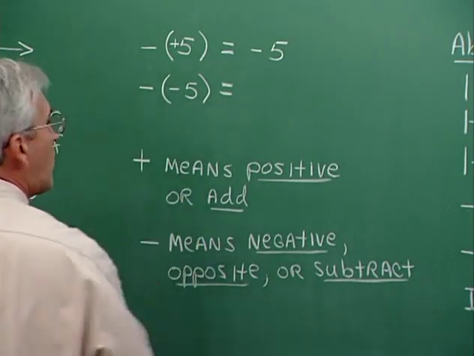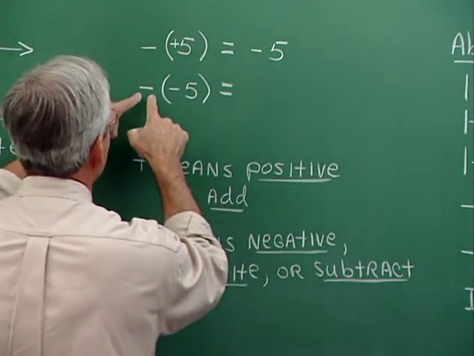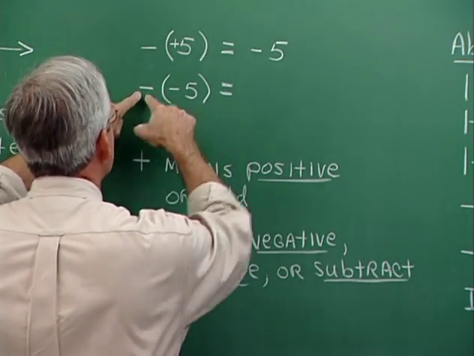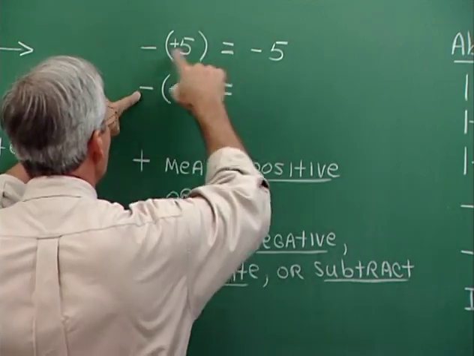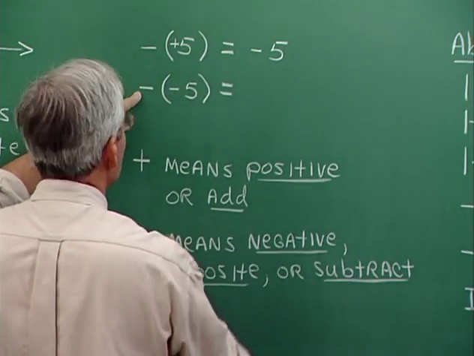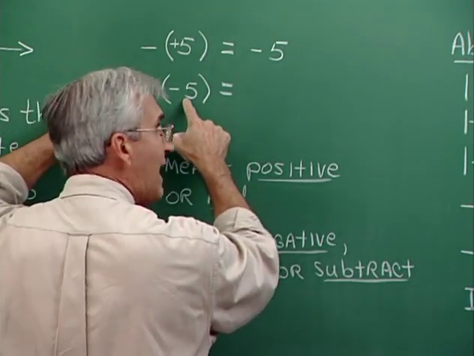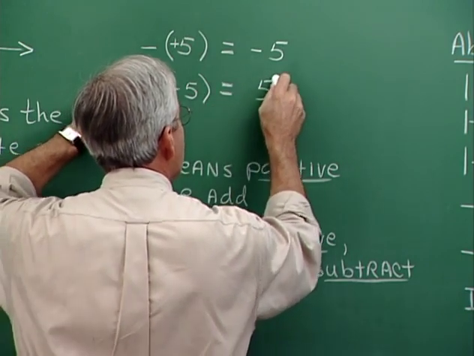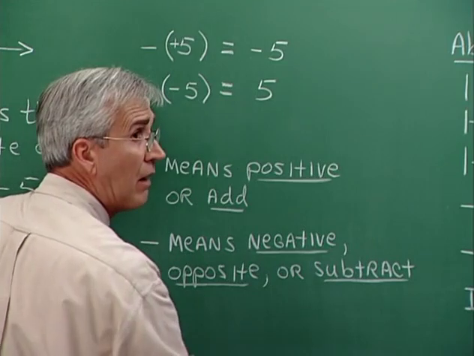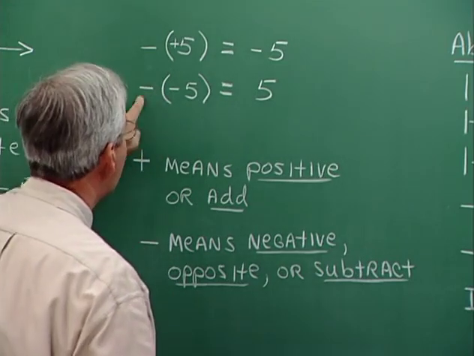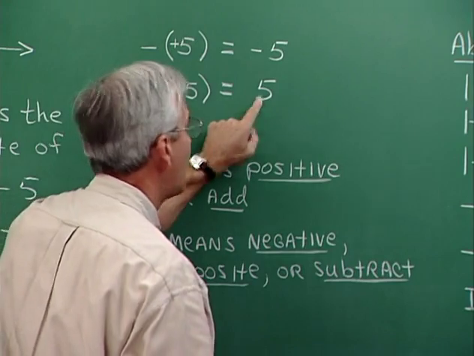This is the important point here. It's the idea that this is the opposite of -5. What's being described here for this number? How can we simplify this a little bit? Well, the opposite of -5 is 5. So it's kind of handy to read this as the opposite of, instead of the negative of -5, it's the opposite of -5.